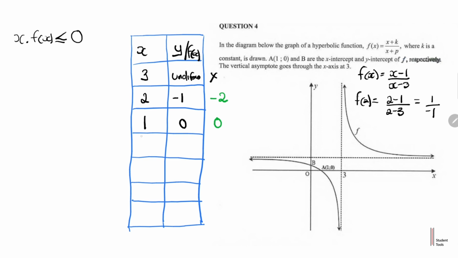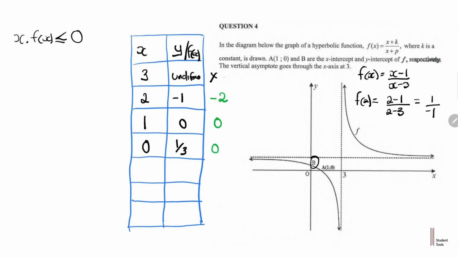So we move on to x equal to 0. What would be the value of y or f of x? That would be 1 over 3. We got that here when we were looking for the value of b. And over here, what value do we get when we multiply x and f of x? That is still 0.